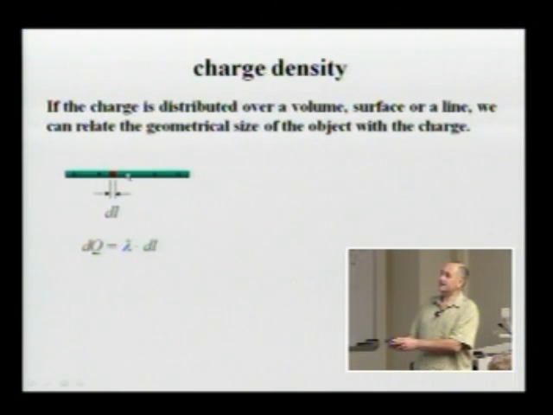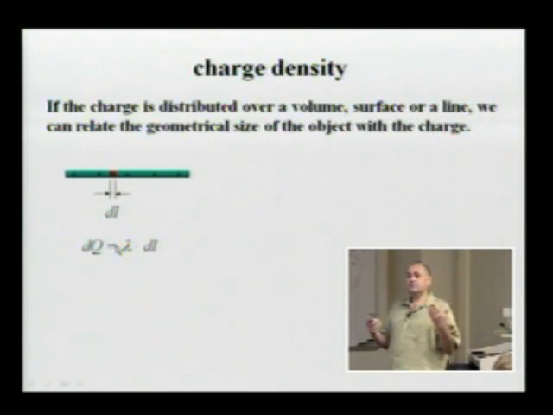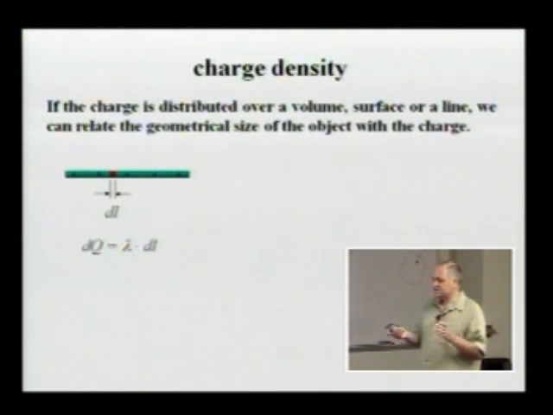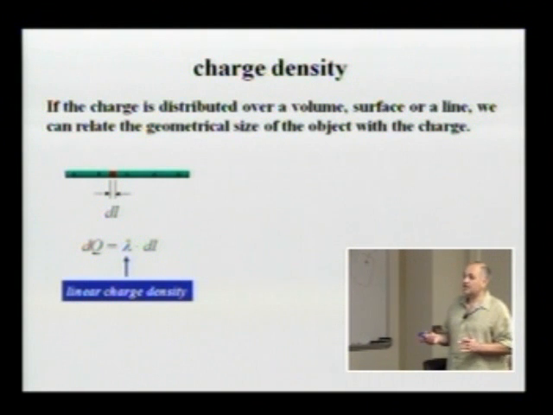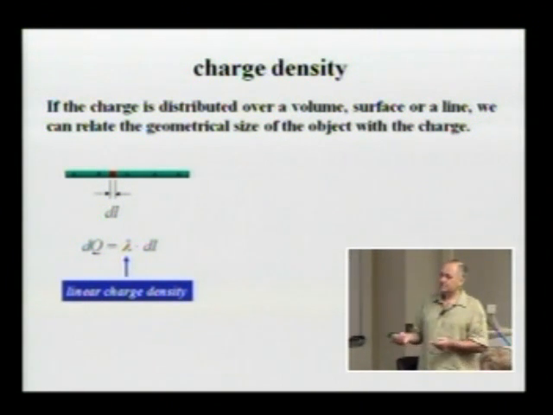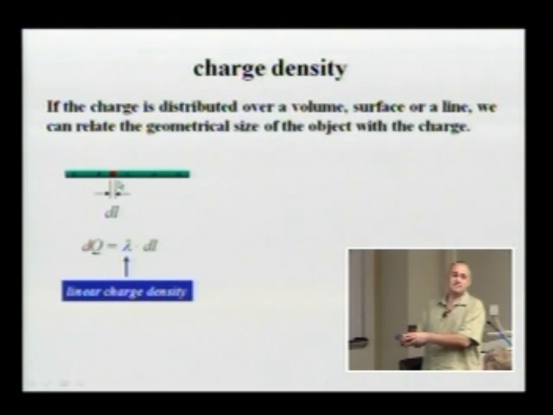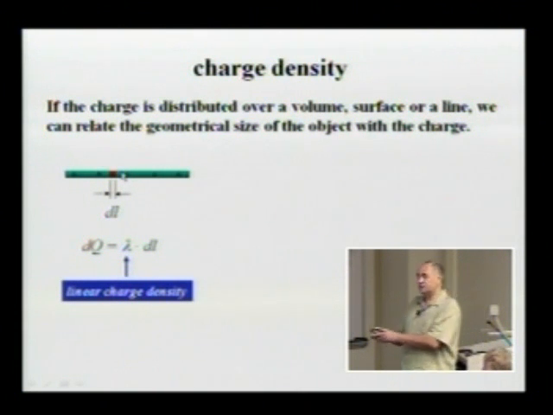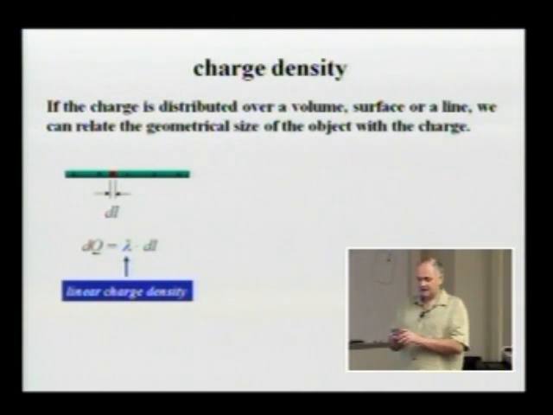If I take a tiny piece of the object, the charge of this piece is going to be charge density multiplied by length. So linear charge density relates the length of the differential segment with the charge of this differential segment.